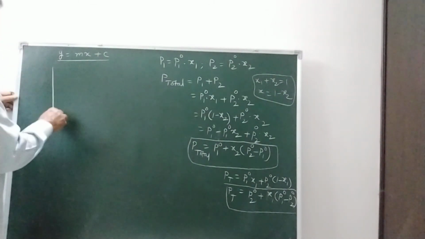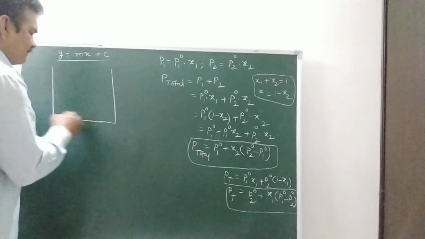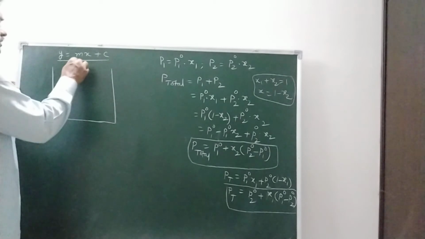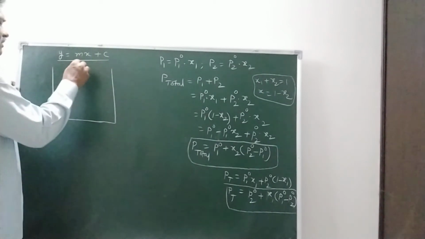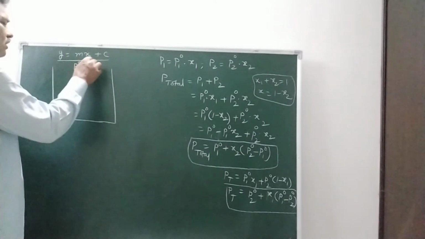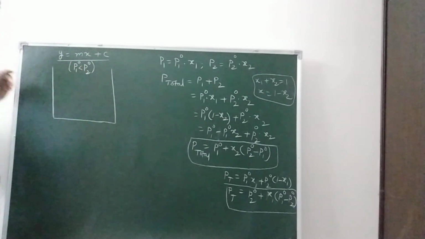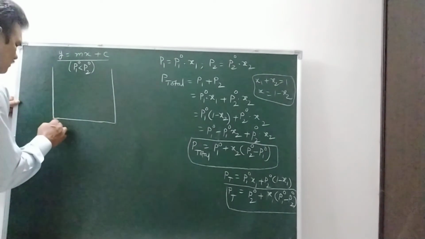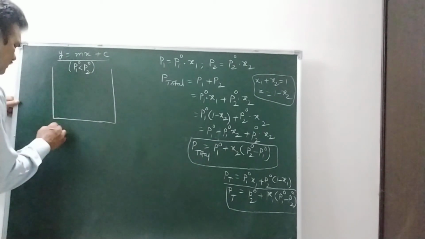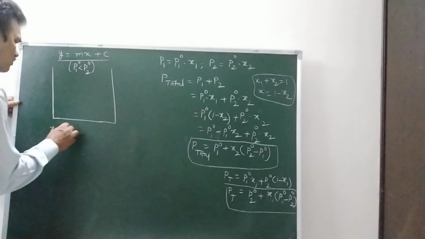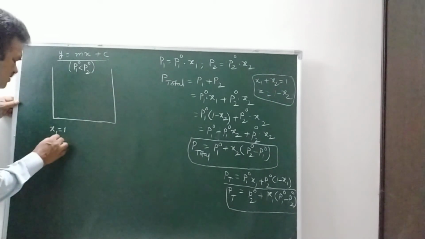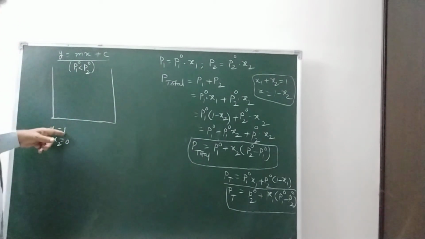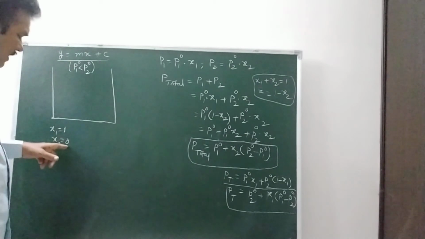If we take a liquid mixture, two liquid mixture, let P1 naught be less than P2 naught. So if x1 is equal to 1 and x2 is equal to 0, say at this point, what does it mean?